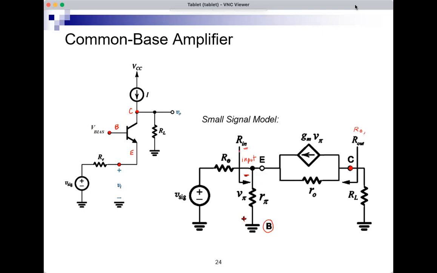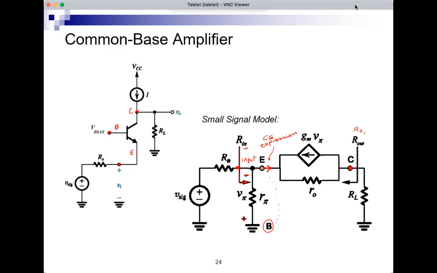But if you look here at the input resistance, it's the resistance looking here, which is the common gate expression when there is no R pi, in parallel with R pi, because the input resistance of common gate would be between this node and ground.